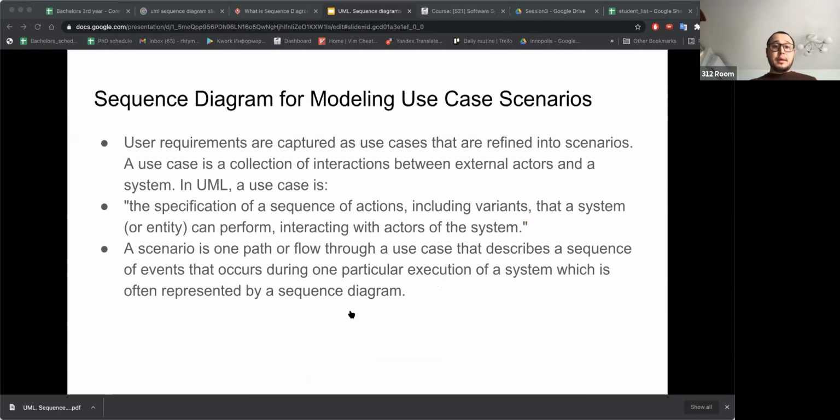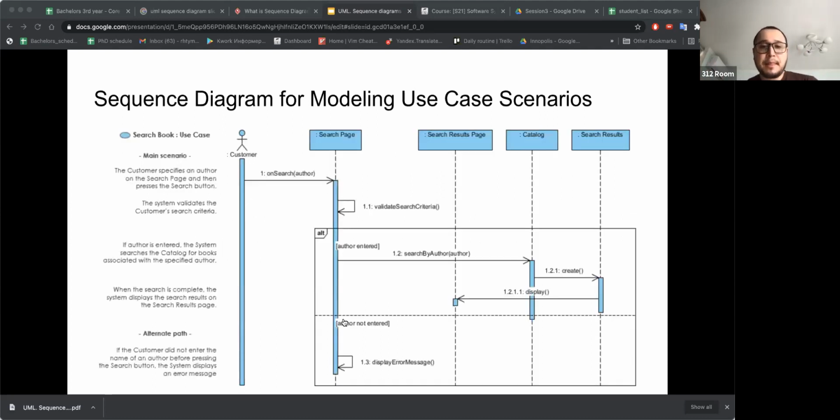Then we can also use sequence diagrams overall for use case scenarios. A use case scenario is basically a description of your use case. What a use case is, we talked about in our earlier sessions, right? If we look at the overall picture, if we have a search book use case, you can describe this use case within sequence diagrams in the following way.